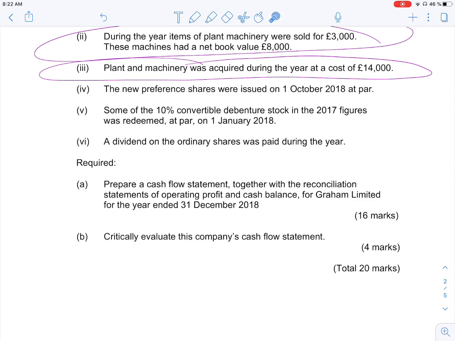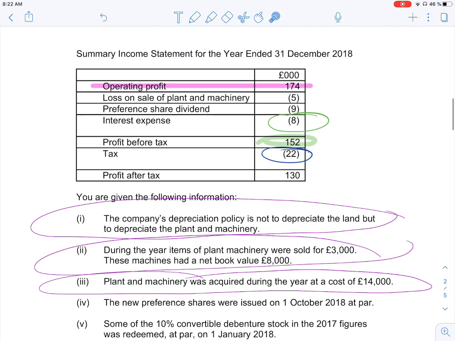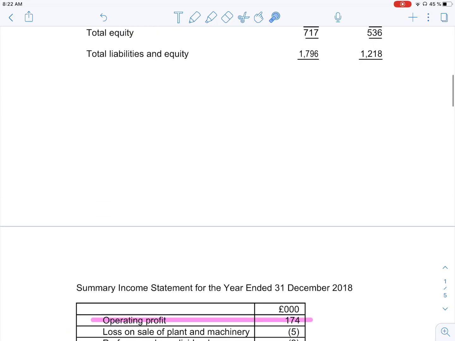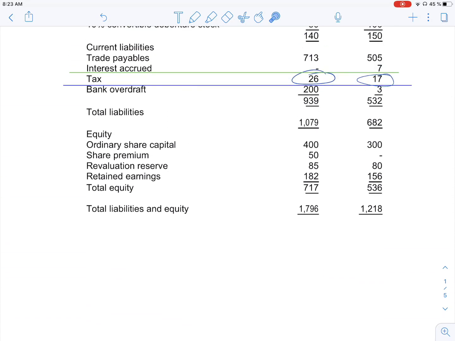But how can we calculate the amount? There is no information about dividends in the income statement, and that's normal. We do not have any statement of changes in equity here, but we can consider changes in the equity section at the retained earnings line in order to calculate the ordinary dividends really paid during the year.